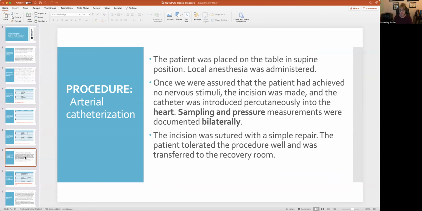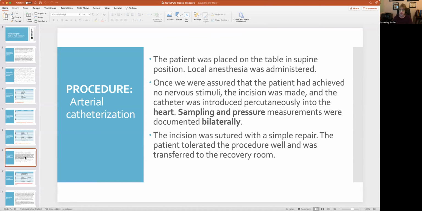Here's another one. Arterial catheterization. Very common when it comes to cardiology and other measurements that are necessary. And this is a nice short op report or procedural report.